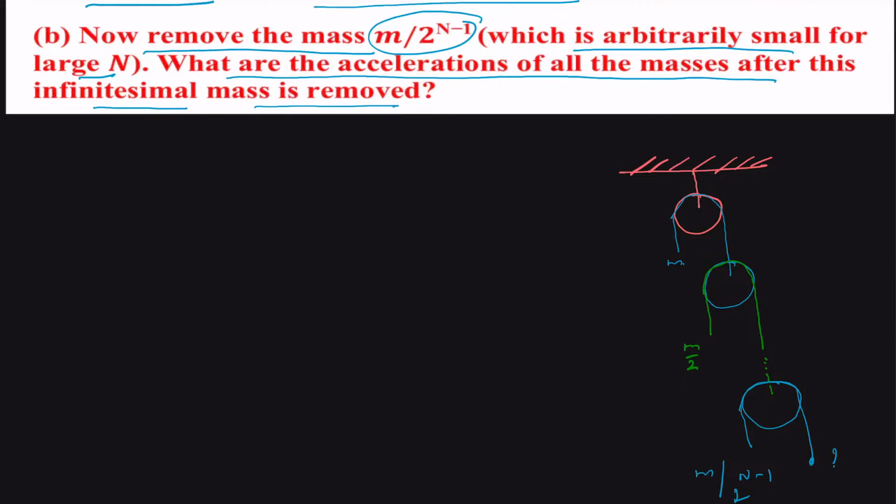First of all, we try to write the formula for an Atwood machine in which we are having only 2 masses.